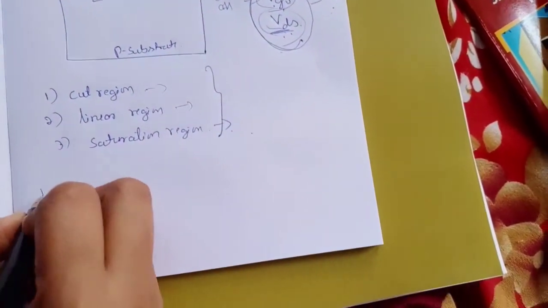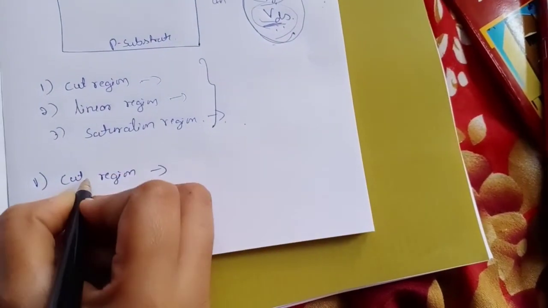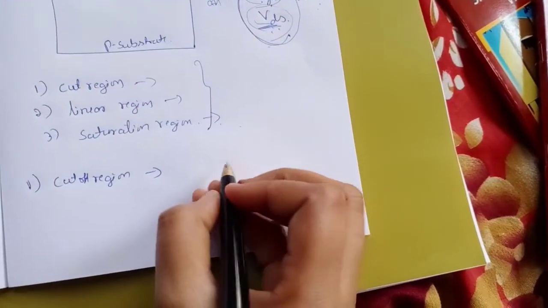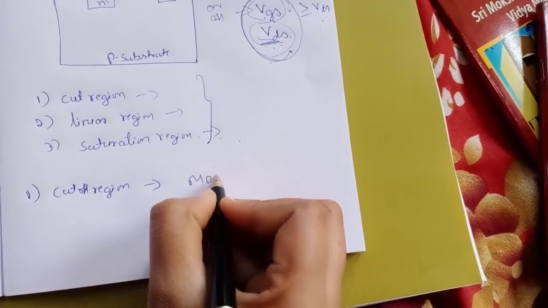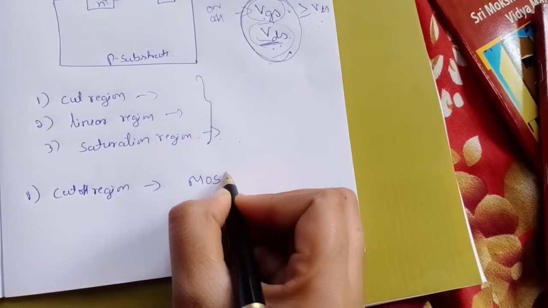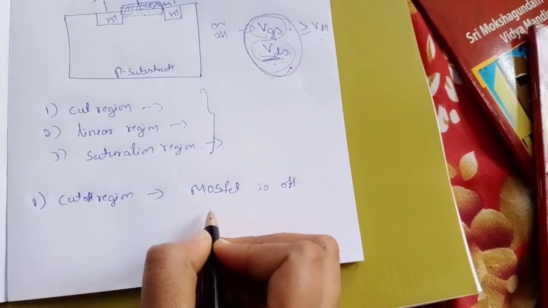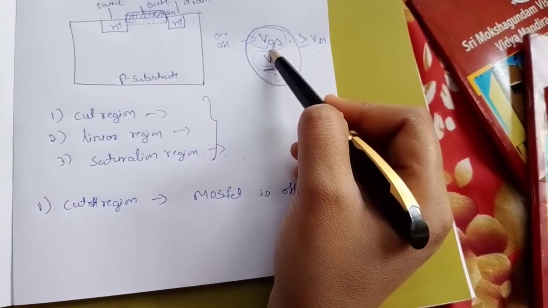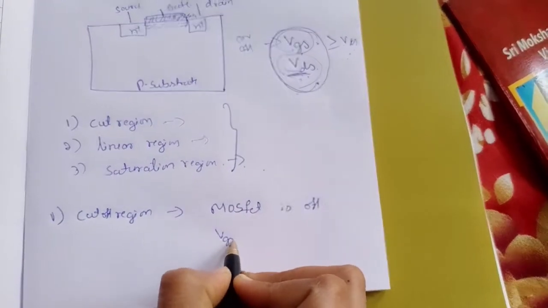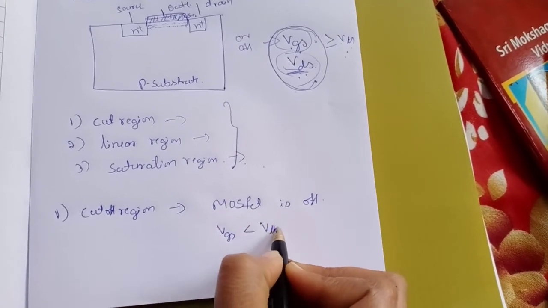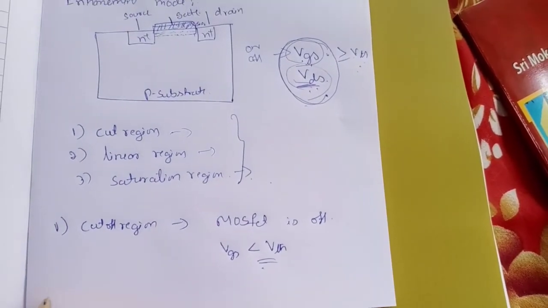So first, I will take the cutoff region. What is the condition? Cutoff region means the MOSFET is in the off condition. Off means we already know that we need to consider the VGS value. So if VGS is less than VTH, then we can say the MOSFET is in the off region.